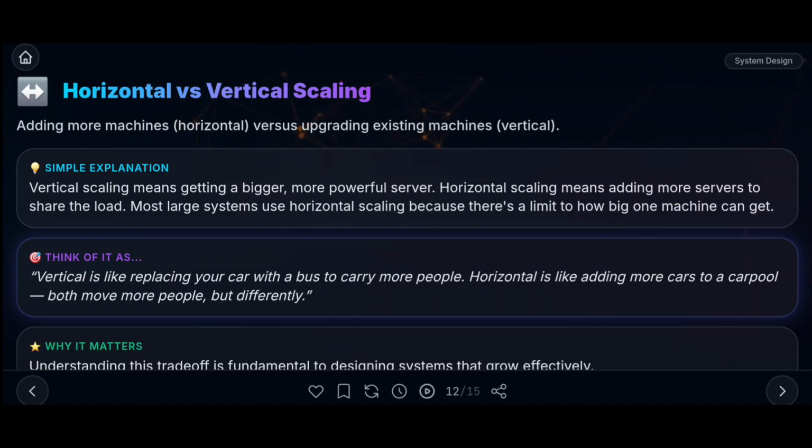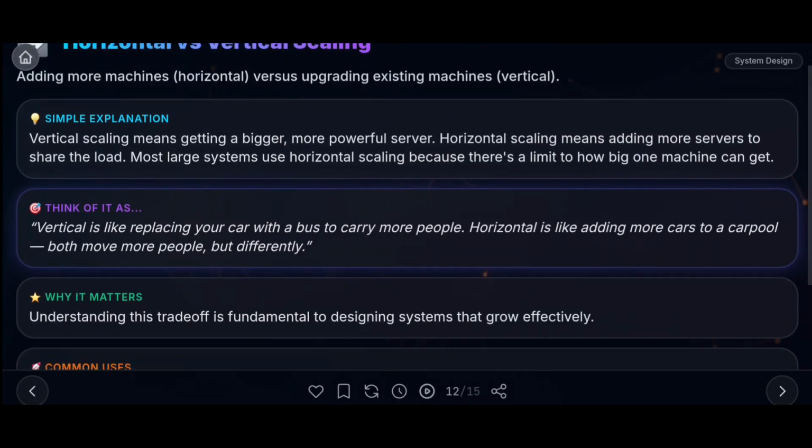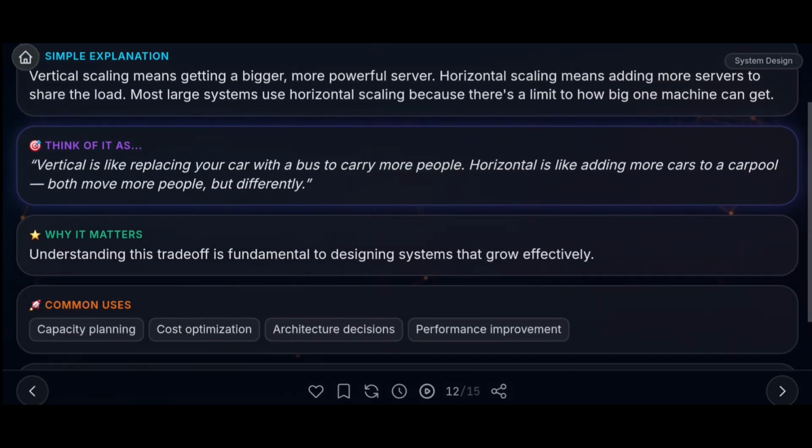We cannot increase resources on a single machine to a very large extent. That is the reason many systems go with horizontal scaling. Think of vertical as replacing your car with a bus to carry more people. Horizontal is like adding more cars to carpool; both move more people, but efficiently.